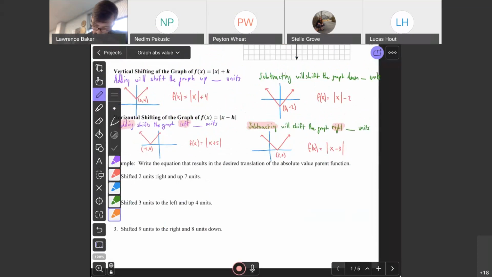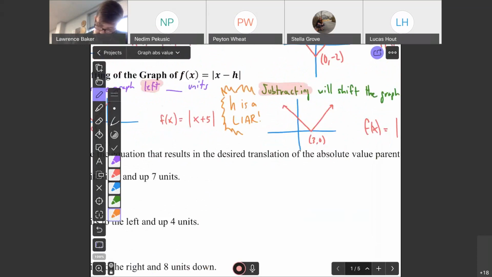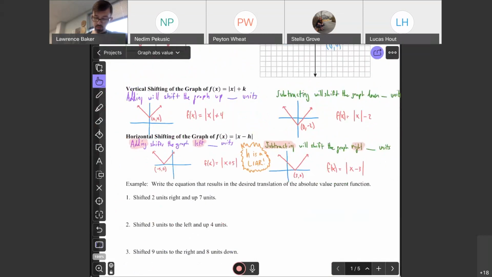Let me zoom in a little bit. Remember that h is a liar. It's going to do the opposite of what it says it's going to.